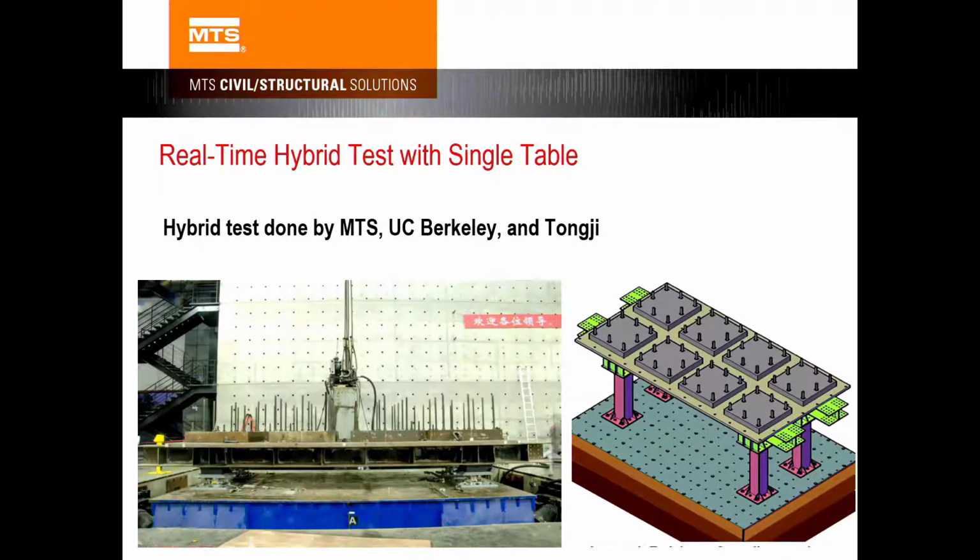MTS, UC Berkeley and Tongji University formed a team and conducted this test. In this test, the shake table is at the bottom, and the bridge deck is on the top. In between, there's isolation, elastic isolation material, bearing material.